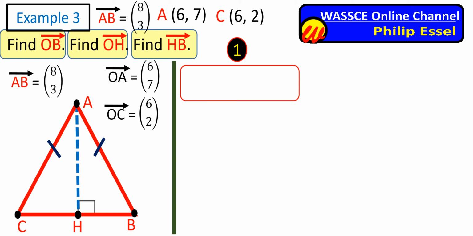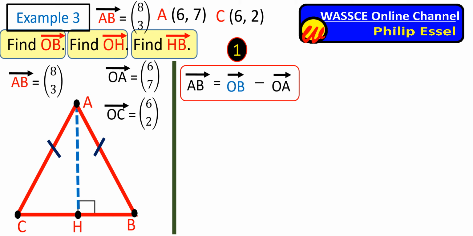To find the position vector OB, let's use the following relation. The vector AB is equal to the vector OB minus the vector OA.